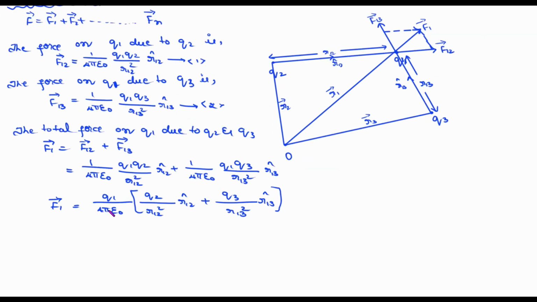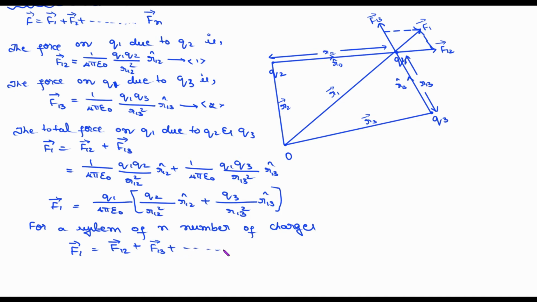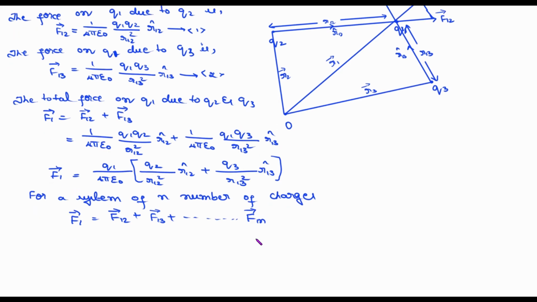Now suppose for a system of n number of charges, let's see what is the force. When there are n number of charges, we can write F1 is equal to F12 plus F13, generalizing, plus etc. up to F1n. Now let's substitute the values.